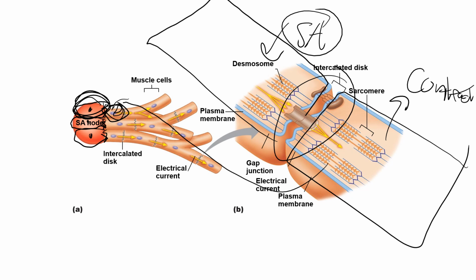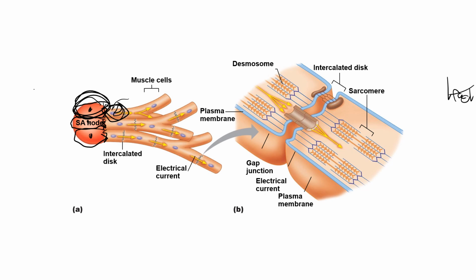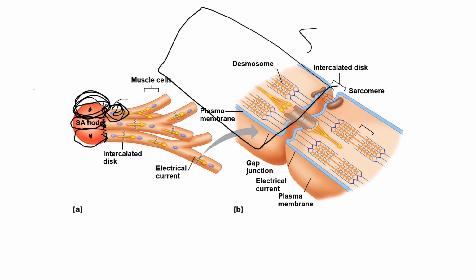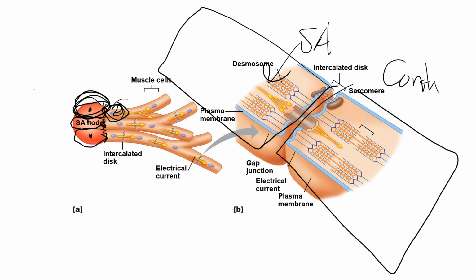Okay, so that's what you have to pretend that you're looking at. I know that's not what the image says it's showing, but that's what I want you to pretend that you're seeing. I want you to pretend that you're seeing an intercalated disc that exists between an SA node cardiac fiber and a contractile fiber of the right atrium.